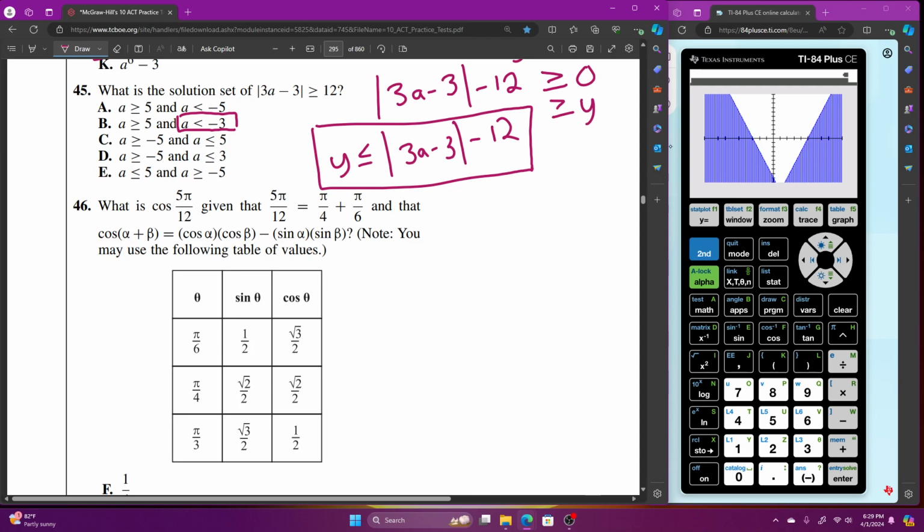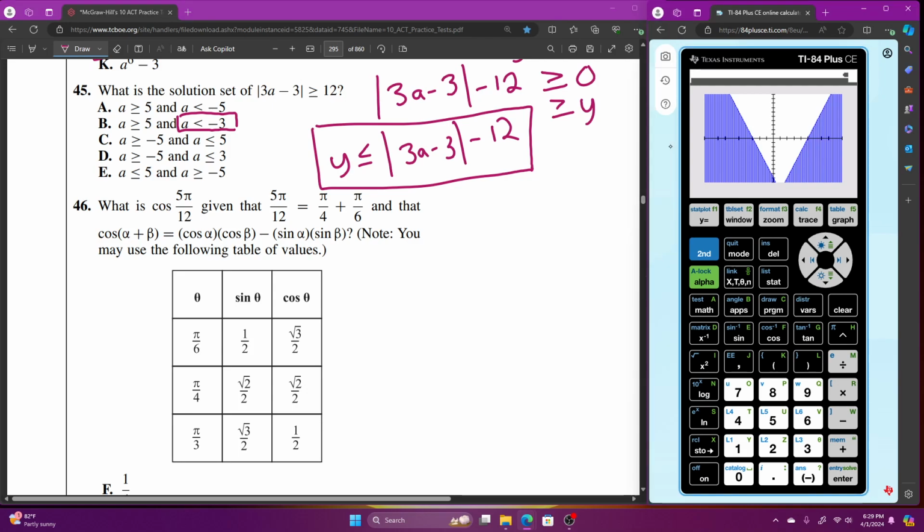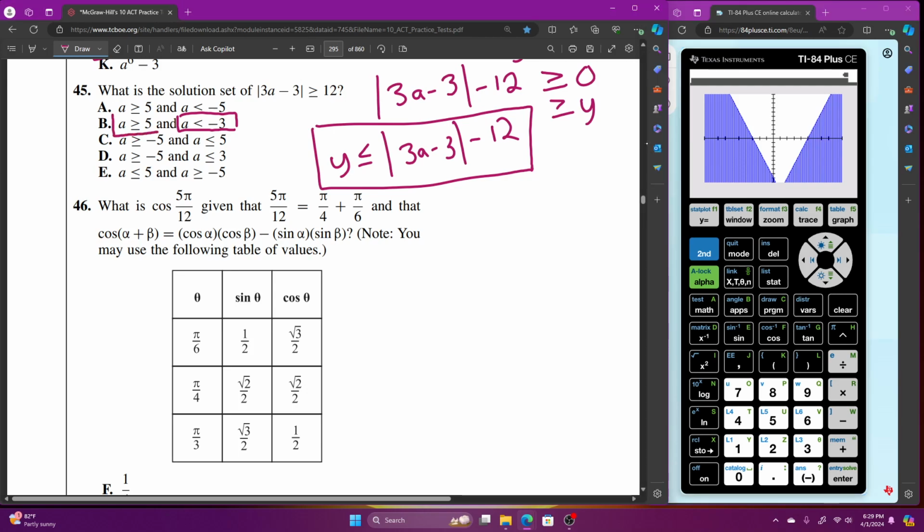Or over here, when a is greater than 5, right? 1, 2, 3, 4, 5, or x is greater than 5. This had half of the answer. This didn't. This didn't. So answer choice B is the correct answer, and we kind of got to use our graphing calculator to solve it.